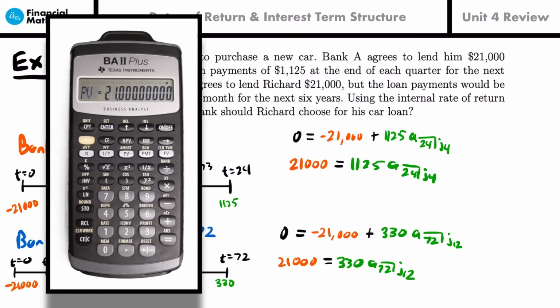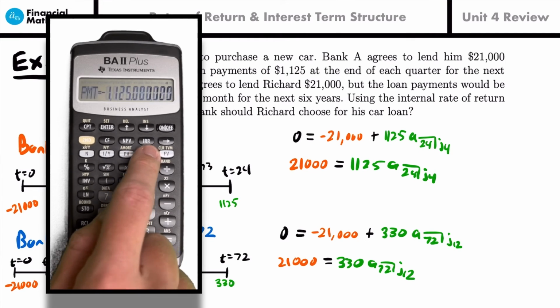That's sort of the idea here. So I'm going to make the payments negative, even though that's the opposite of what I did in the equation here. As I just got done explaining, it doesn't matter as long as one of them's negative, one of them's positive. You're fine. So I'm going to punch in 1,125, make it negative, and then make that the payment amount.